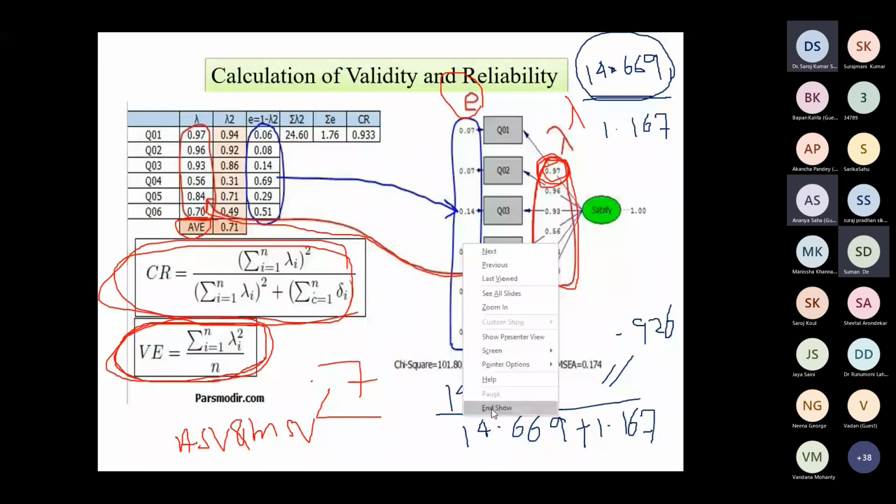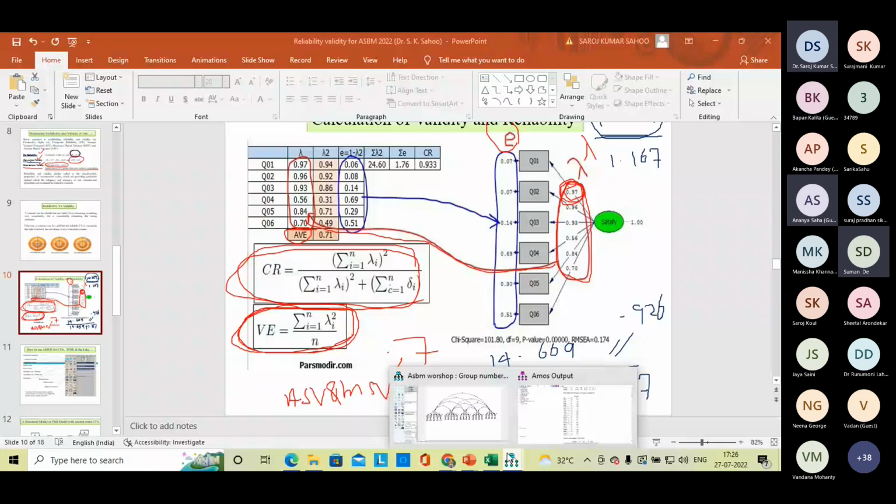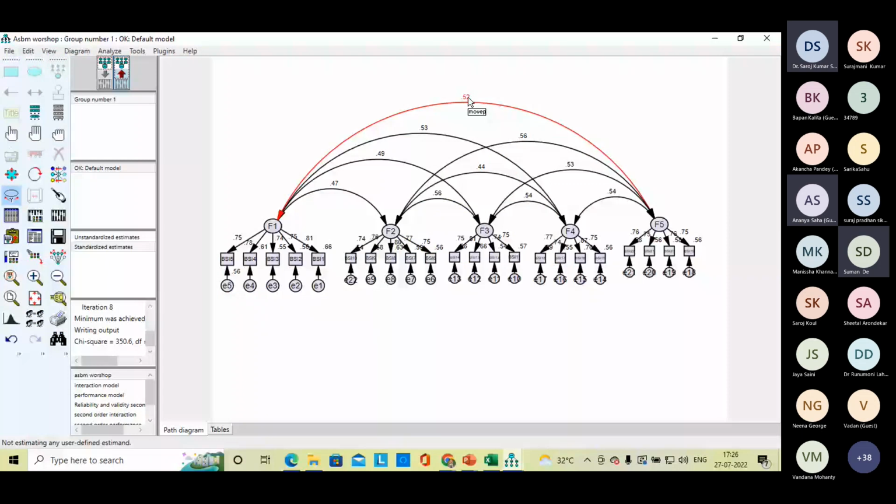Now you got your MSV. Look at my Amos output, which has 0.452, 0.53, 0.49, 0.547, of which the maximum is 0.53. So it is MSV, maximum shared variance. Now add 0.52, 0.53, 0.49, 0.47 divided by 4. This is ASV, average shared variance.